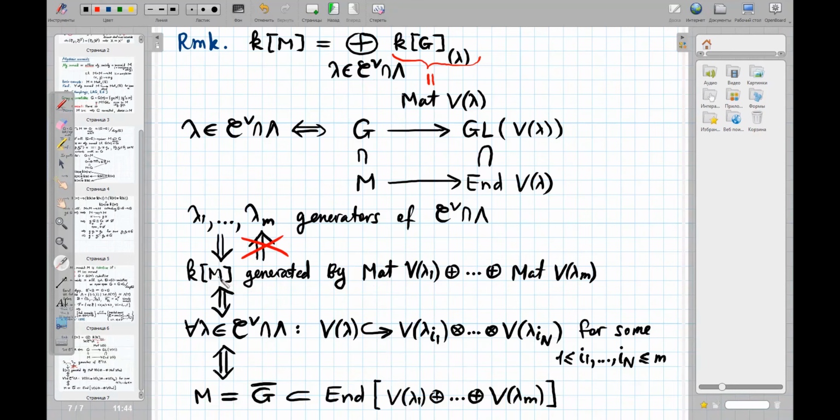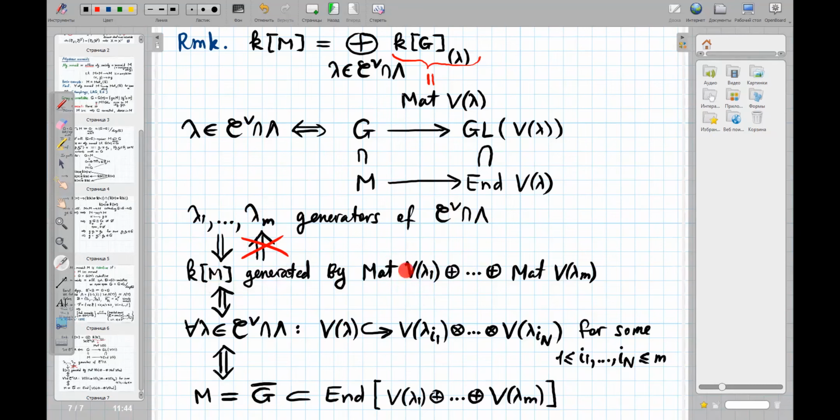So we conclude that we can recover explicitly the monoid M from its cone C by choosing the generators of the respective coordinate algebra, which can be taken maybe a bit bigger than it suffices. But we can take for generators just the spaces of matrix entries corresponding to the generators of this semigroup. So starting with the cone, we pick the generators of this semigroup. Then we take the respective spaces of matrix entries. They generate the coordinate algebra.